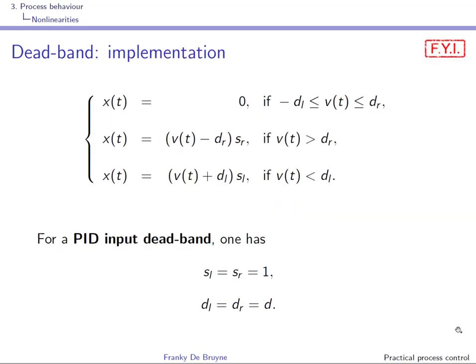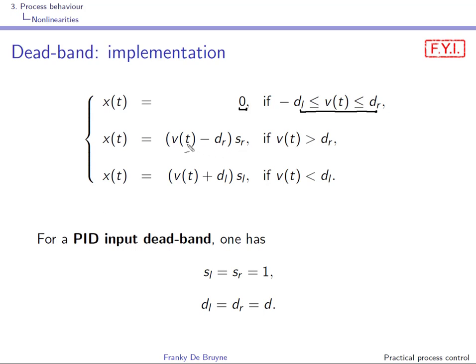The input deadband is very easy to implement using these equations, and these are given for your information. If you're inside the deadband, then the output is 0, and when you're leaving the deadband you have to start from 0.